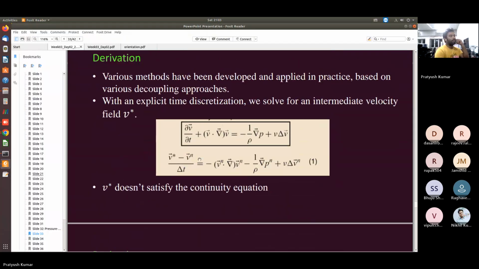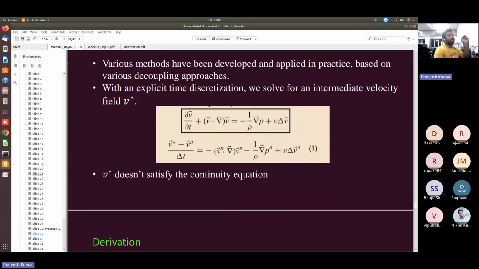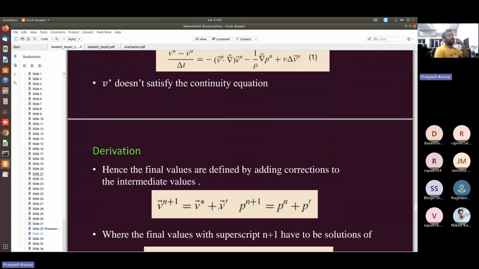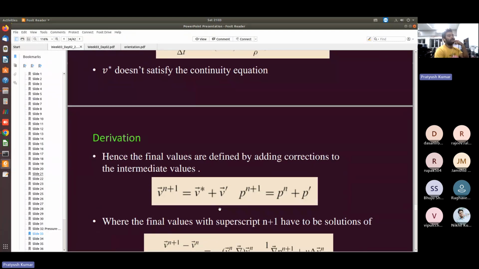I mean to say that we solved the momentum equation using the initial pressure and velocity values and found some solution, V star. This V star satisfies the momentum equation but not the continuity equation, so we need a corrector. We want to correct V star, and suppose this corrector term is V dash. If we add V dash to V star, it gives Vn plus 1.